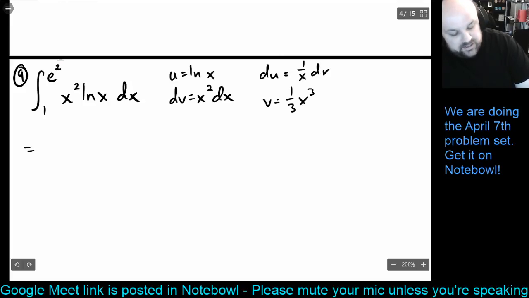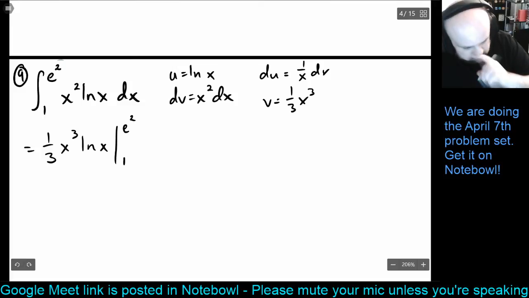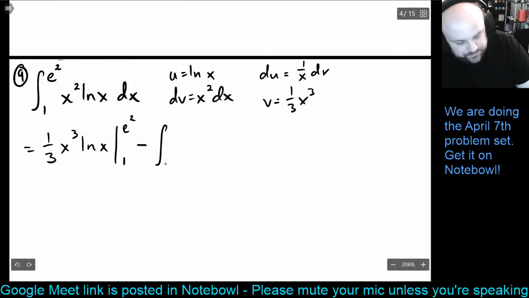So u times v, 1/3 x cubed ln x, from 1 to e squared, minus the integral of v du. So the integral from 1 to e squared of v du is 1/3 x squared dx.